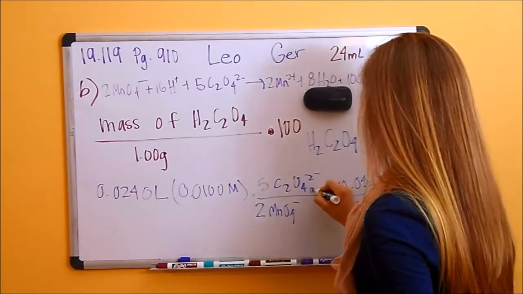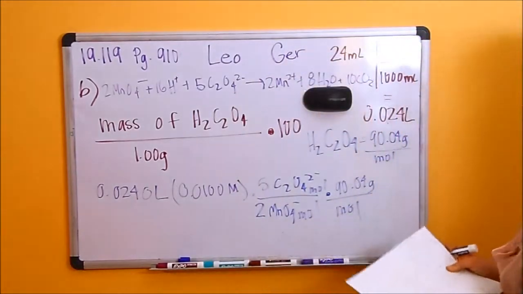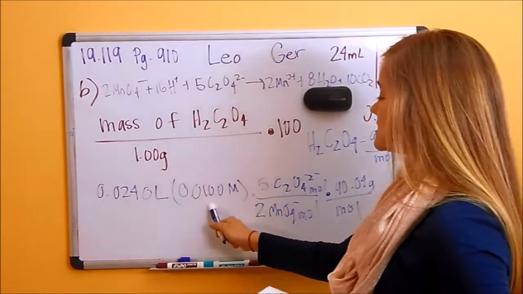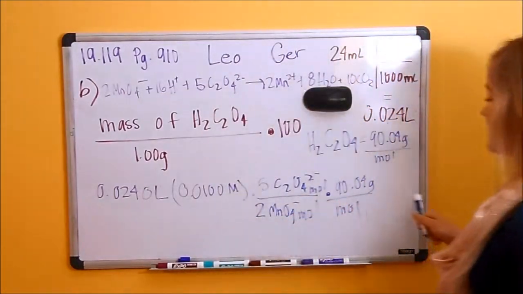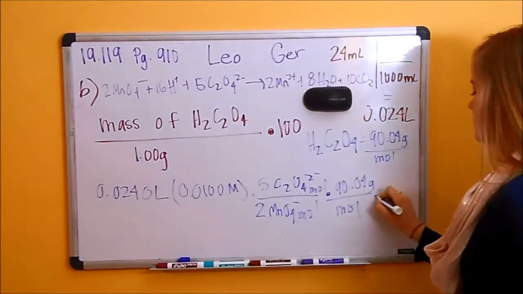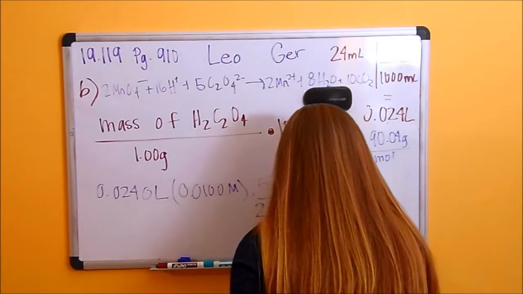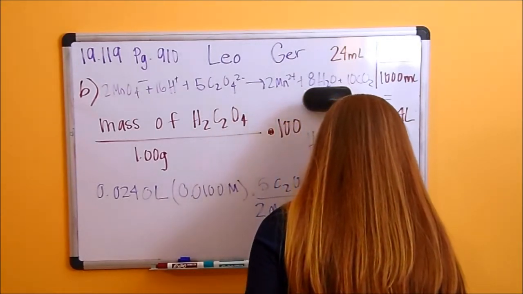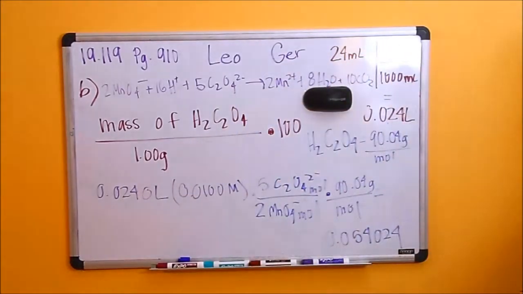And both of these right here have moles. So then, once we multiply that out, 0.0240 times 0.0100 times 5 divided by 2 times 90.04, that's going to give us 0.054024. And that's going to take us into the next step of the problem.